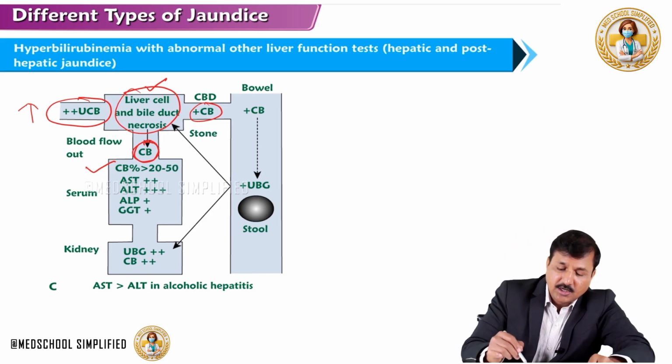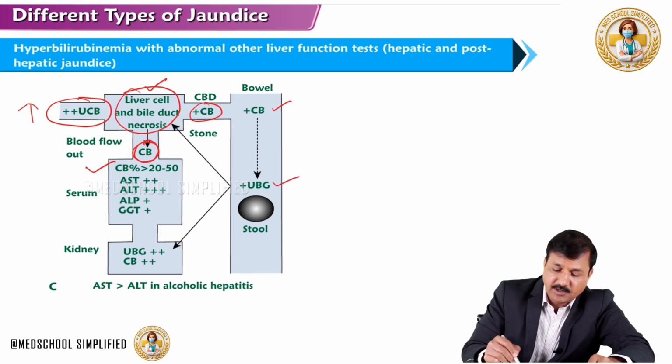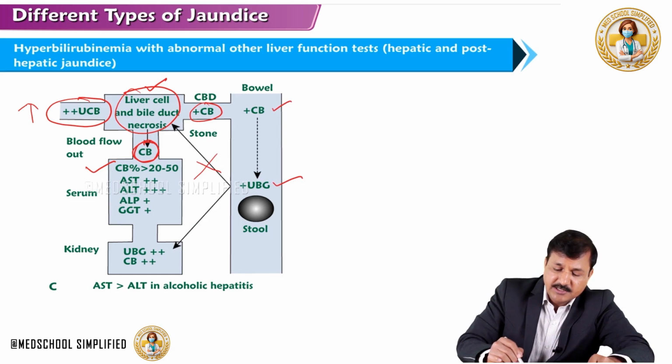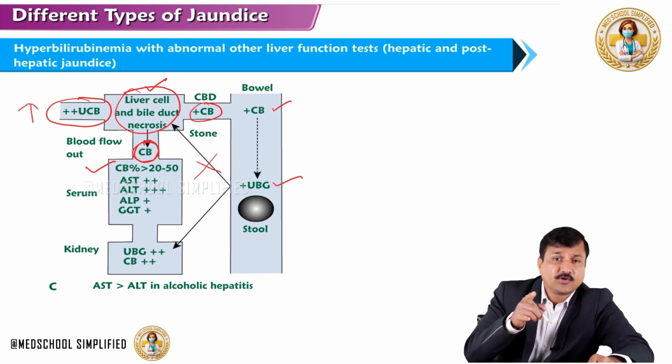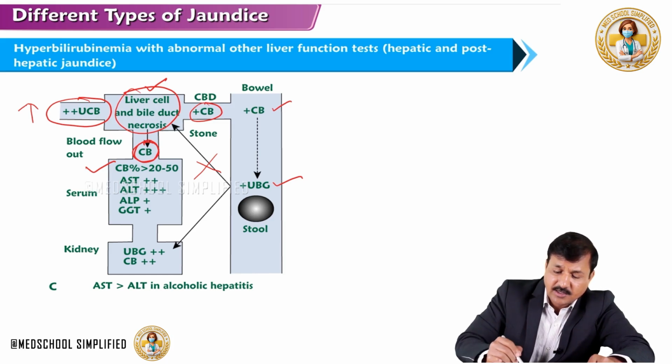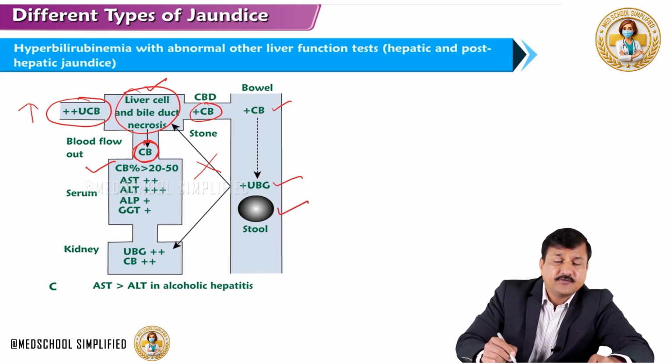Also look at CB 1+, UBG 1+, but the enterohepatic circulation is affected here. Some of the UBG that has to be taken up by the liver is not, so most of it just goes into the feces.